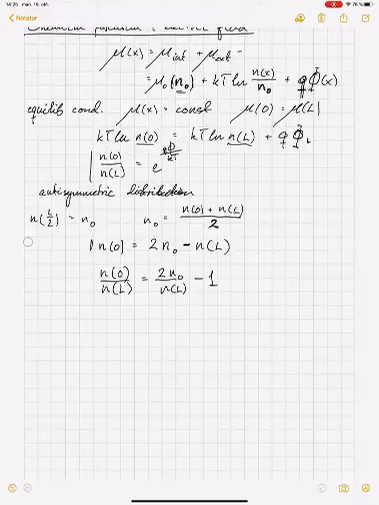And from here we get that this equals e, the exponential of the electrical energy, the potential energy, over the thermal energy.